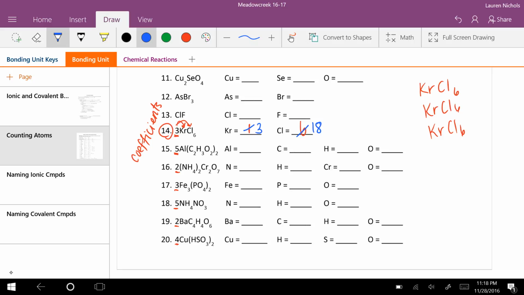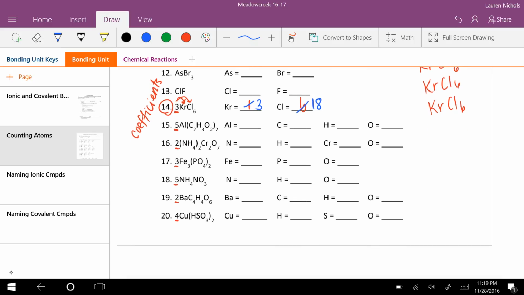And so it really tells me that I have 3 of those molecules. And if we were to do number 15, which is also tricky, the way I do it is I list out how many I have originally, kind of ignoring the coefficient. And I have 1 aluminum, this 2 gets multiplied by everything, okay? And 2 times 2 is going to give me 4 carbons and 6 hydrogens and 4 oxygens.